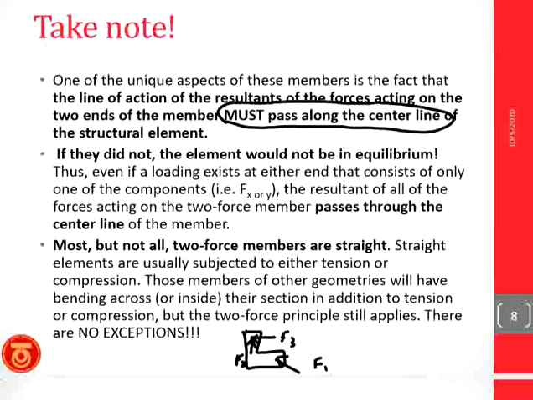So this one is only one force, and this one is two forces, but the resultant of these is in the opposite direction of F1. So that's why the resultant passes along the center line of the structural element.